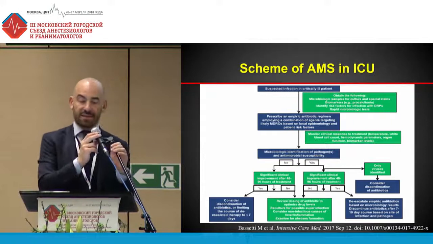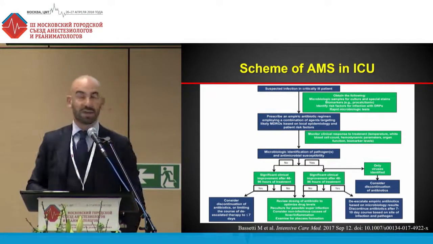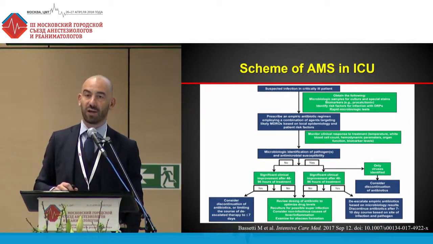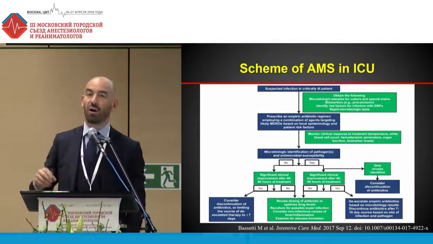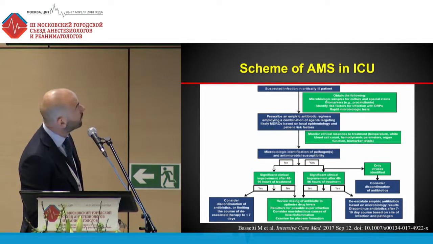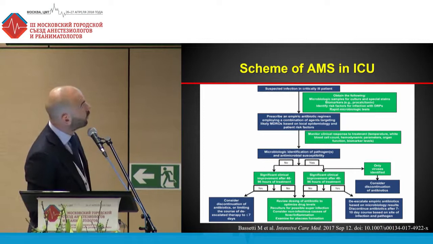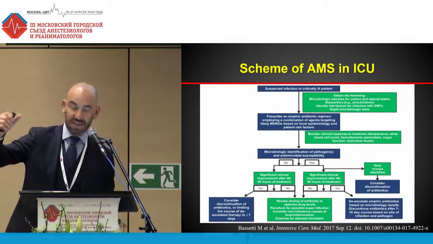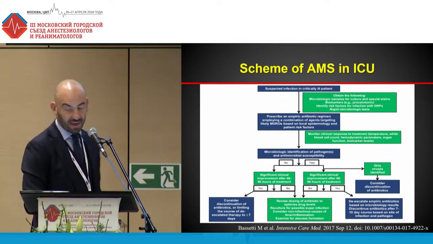So this is more or less a scheme of antimicrobial stewardship that you can use in your ICU for patients with ventilator-associated pneumonia. This has been published by myself and Marin Köllev last year in Intensive Care Medicine. So, if you suspect a ventilator-associated pneumonia in your patient, first of all, you have to obtain microbiological samples, for culture and special stains.